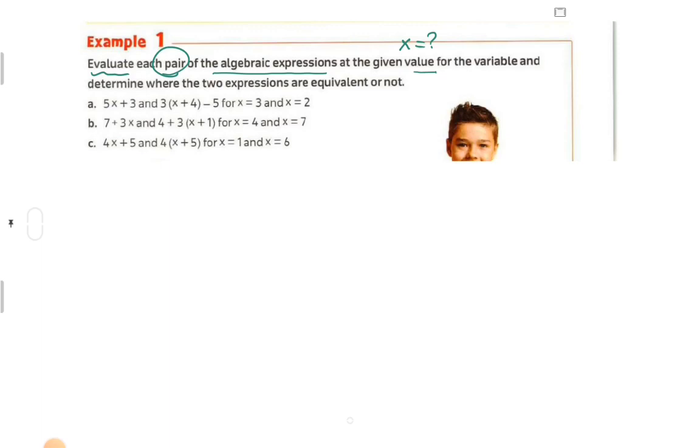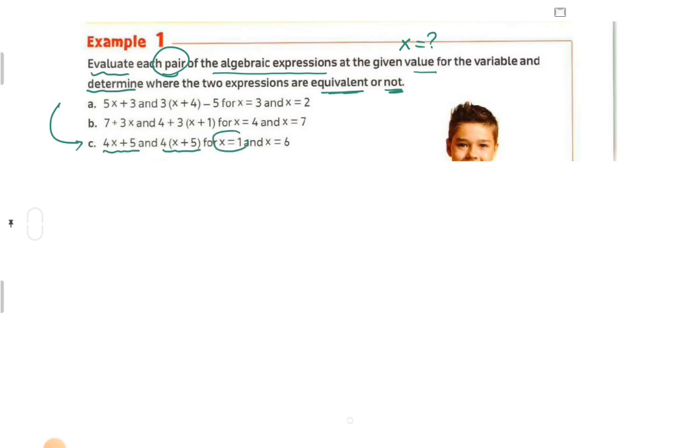Now, to determine if the two expressions are equivalent or not equivalent. Okay, take point C for example. We have two expressions, the first one 4x + 5 and the second one 4(x + 5).